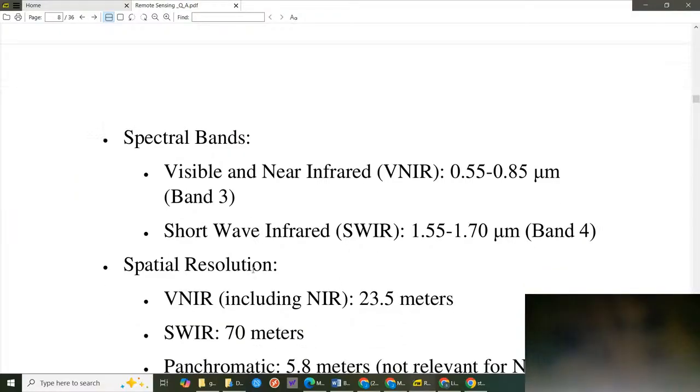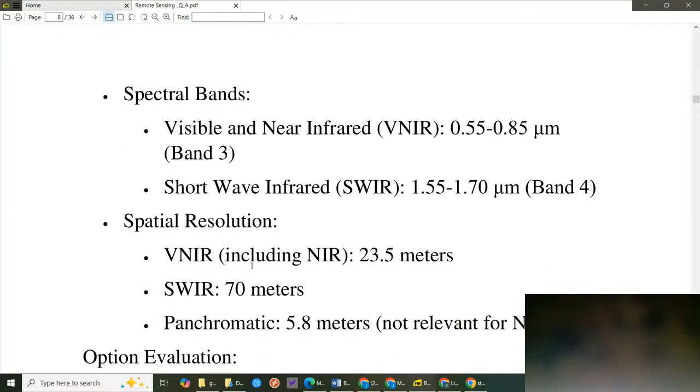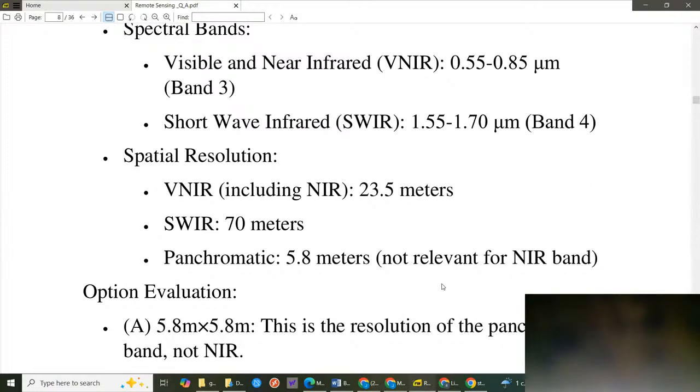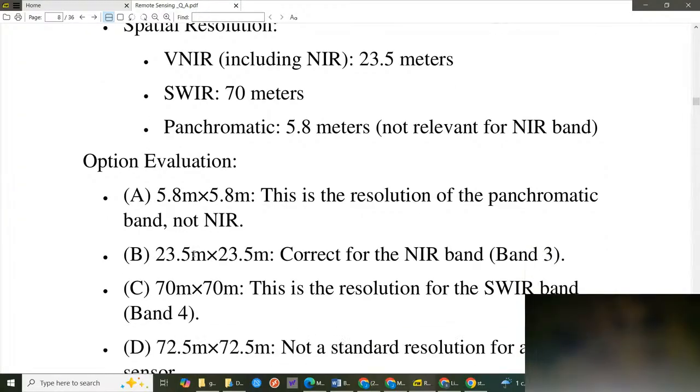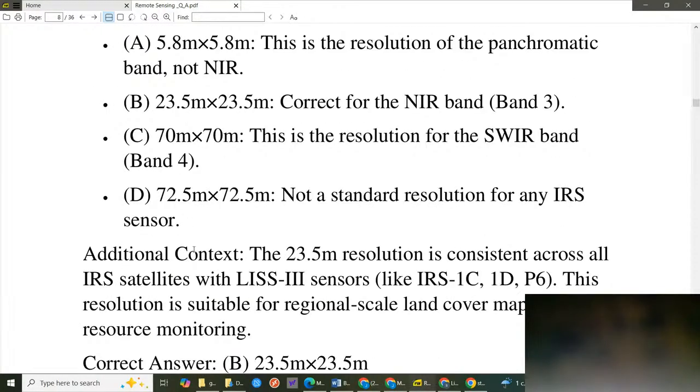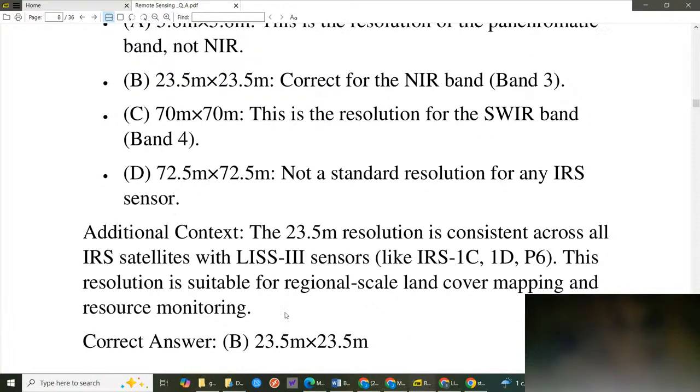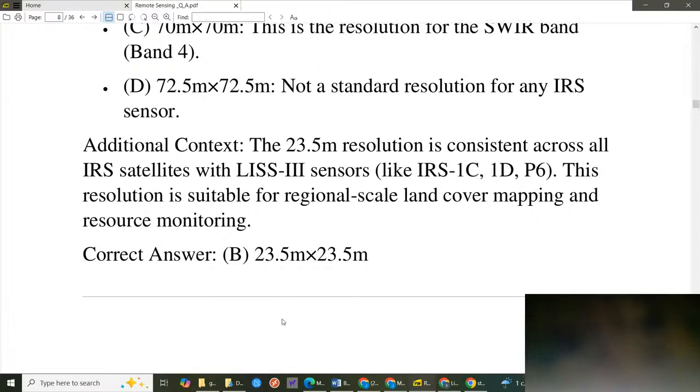Spatial resolution: near infrared is 23.5 meter and shortwave infrared is 70 meter; the panchromatic is 5.8 meter, not relevant. So in the option evaluation, the correct answer is B, that is 23.5 meter.